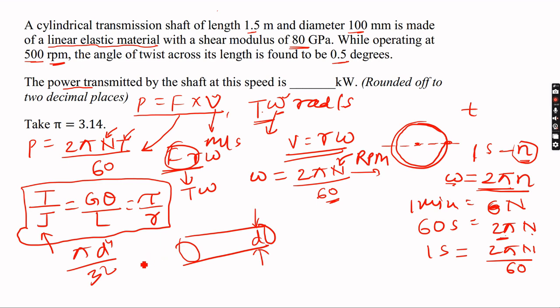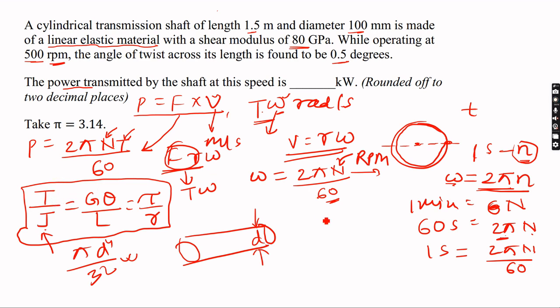I am not going to derive that because this is very fundamental; in 12th class you have derived it. So you can find J: pi is 3.14, and d is also given, 100 mm, divided by 32.